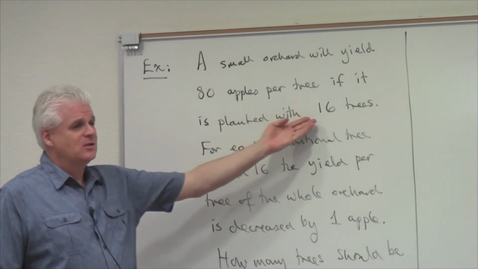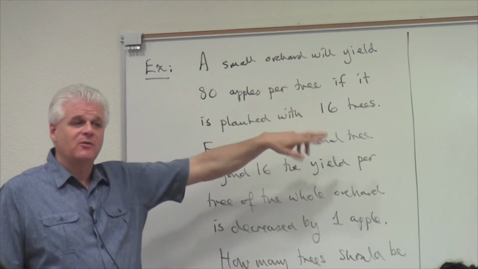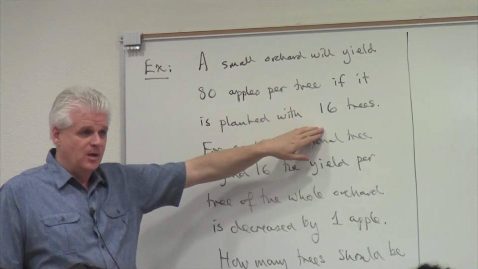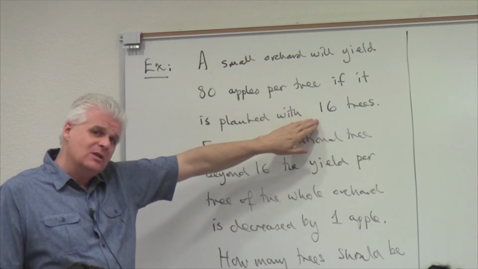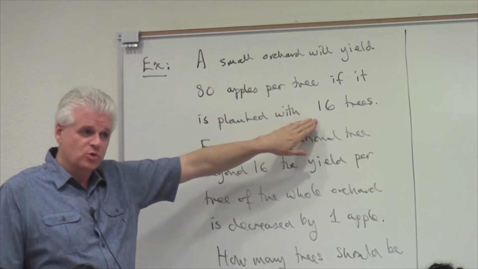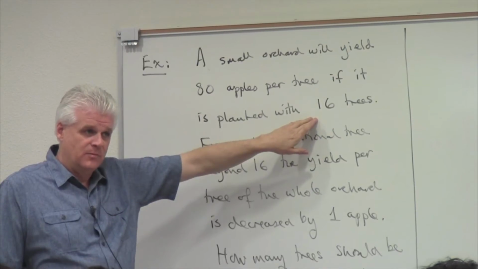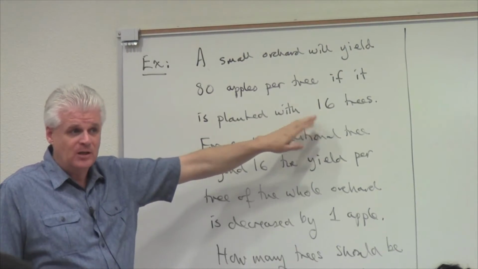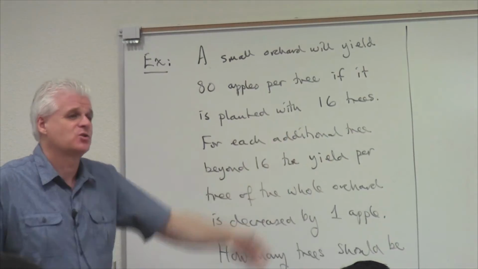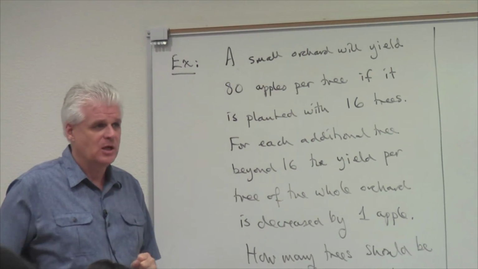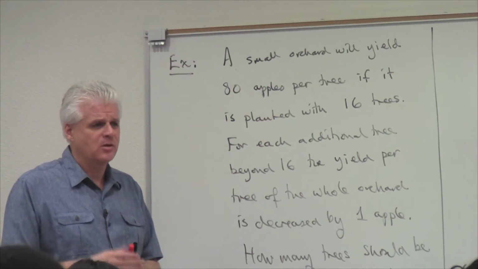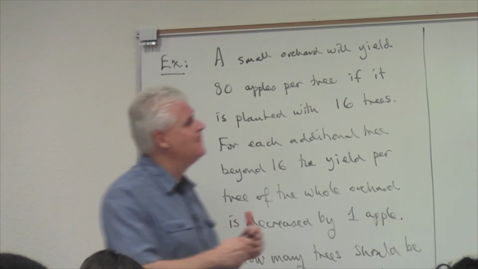So in this case, it'd be the number of trees I plant above the base number 16. It's usually easier to do that than to let x represent total trees. You can do it that way as well, but I usually find let x be the number of extra trees rather than the total trees.